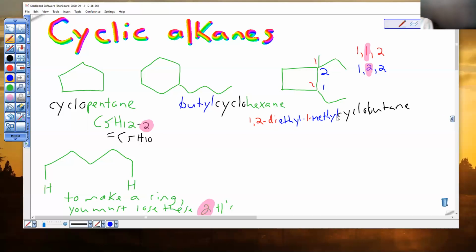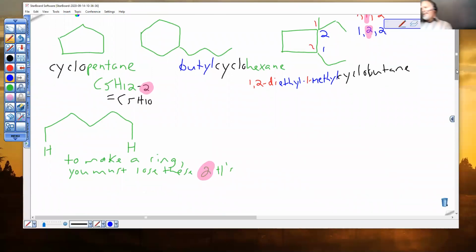Now, there's something called geometry. When we do Wednesday's lecture, we're going to talk about something called conformations. And you want to read about that before Wednesday. And when we have structures that don't have rings in it, all the bonds are freely rotating in space around each other.